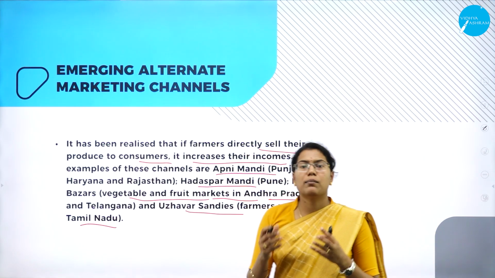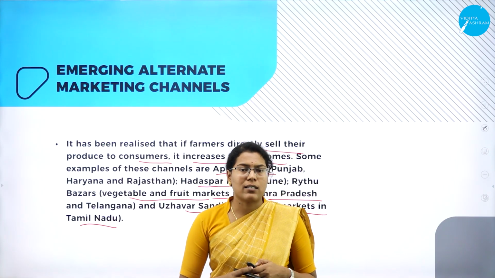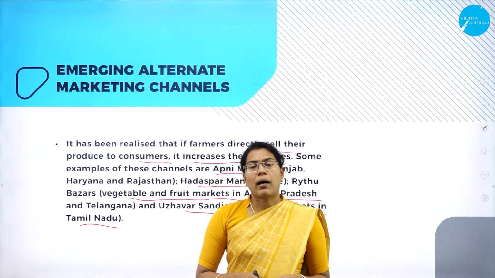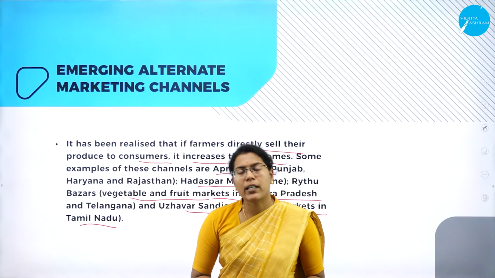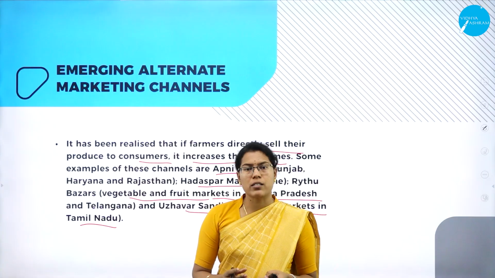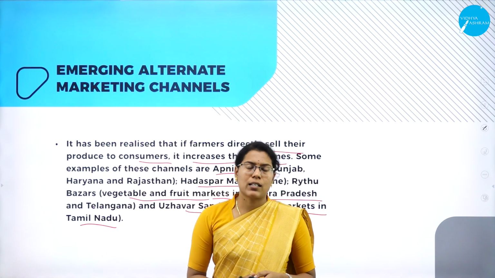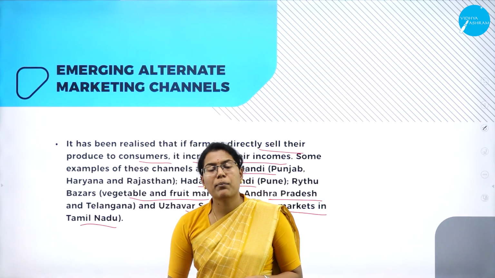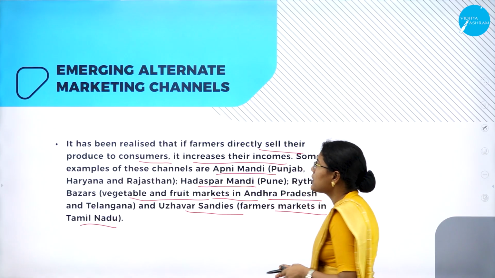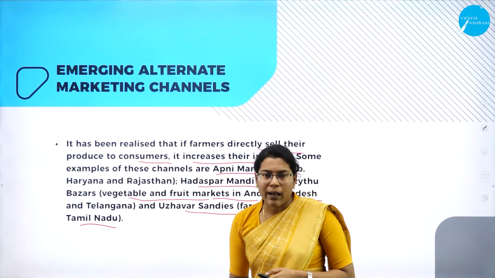So, these regulated markets are called by different names in different states. But all these markets like Apni Mandi or Raitu Bazaars are a platform for the farmers to sell their produce, particularly directly to the consumers. Apart from government regulated markets, these are the alternate marketing channels that the farmers of India have got.